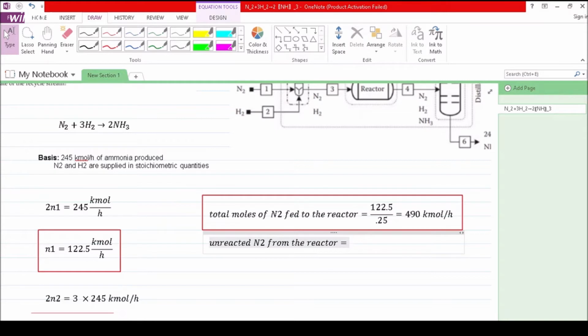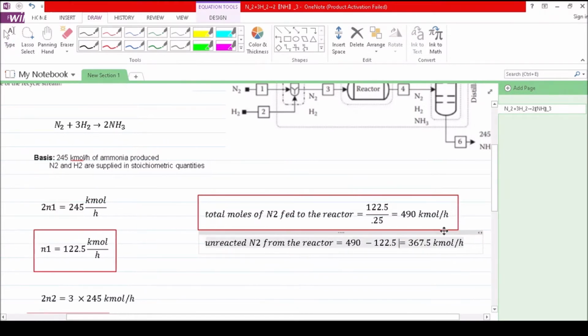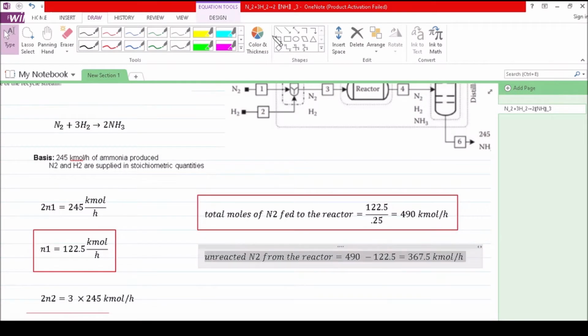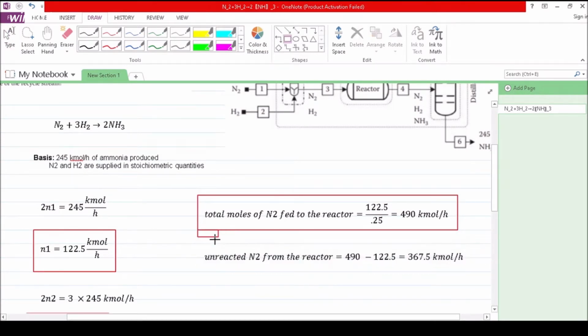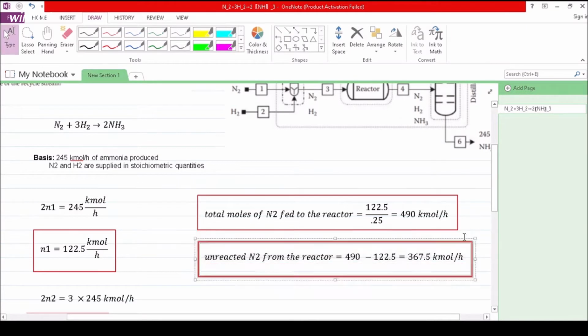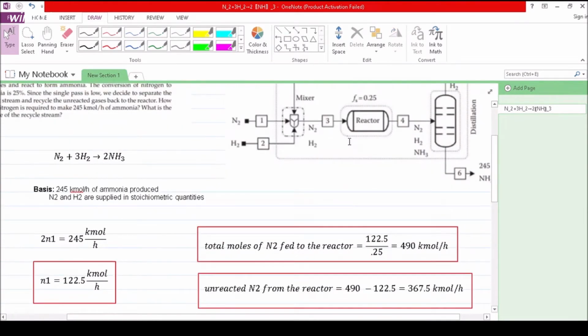This would just be equal to the total moles into the reactor minus 122.5, which is equal to, we get 367.5 kilomole per hour. We now have our value for the composition of N2.